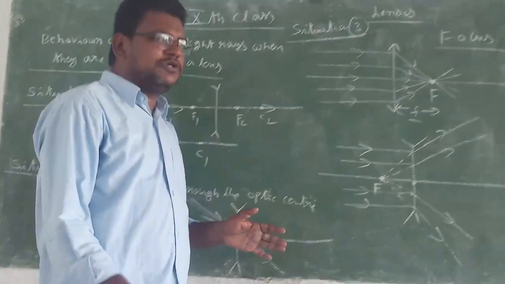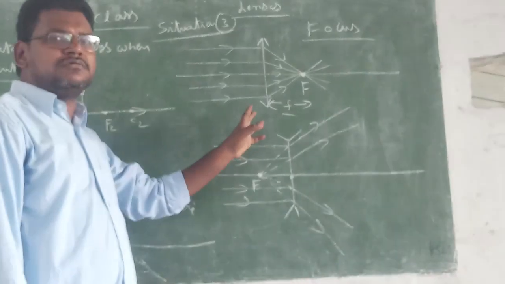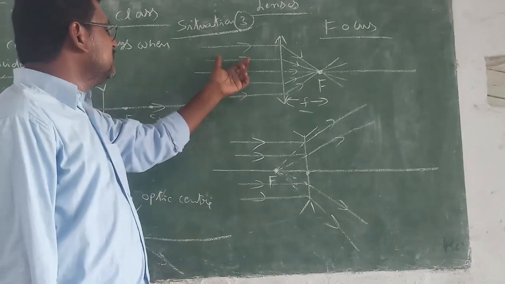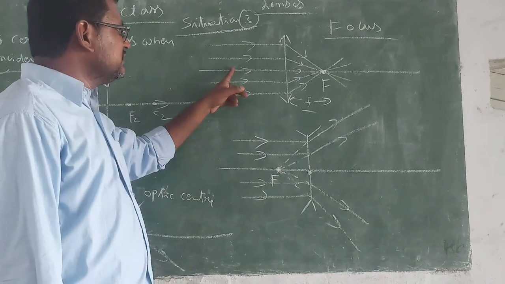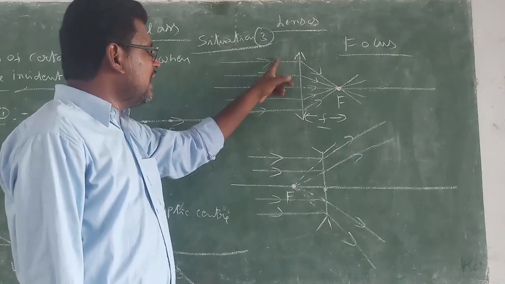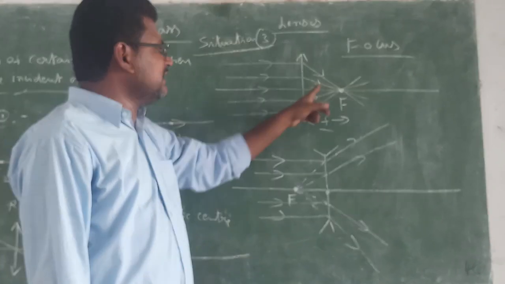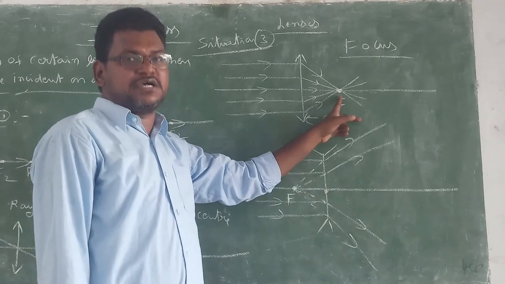Now let's see how light rays refract when they are incident parallel to the principal axis. See here, light rays are incident parallel to the principal axis, and this is the convex lens. After refraction, the refracted light rays of the parallel incident light rays pass through the focus.